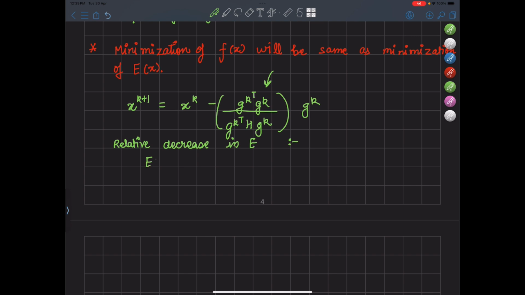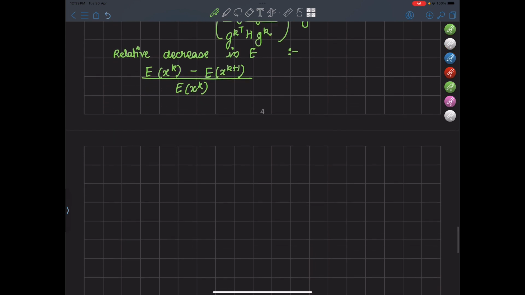It will be given by E of xk minus E of xk plus 1 upon E of xk. Here E of xk is on the left hand side of the subtraction sign, because the error is larger at xk than at xk plus 1. Now let's simplify this.